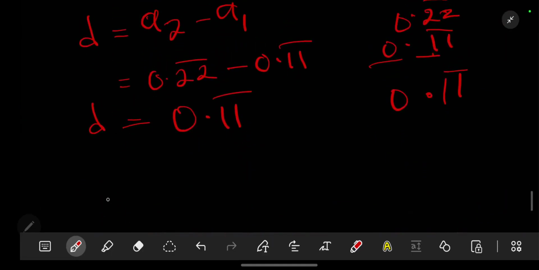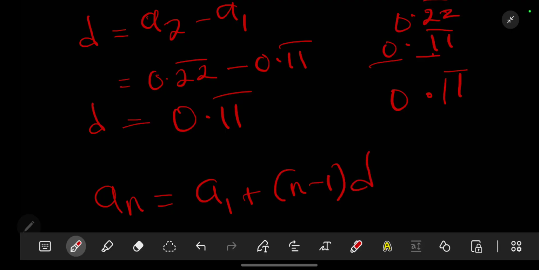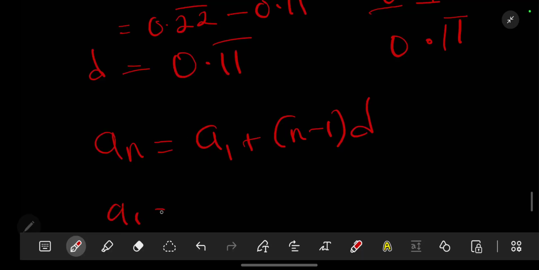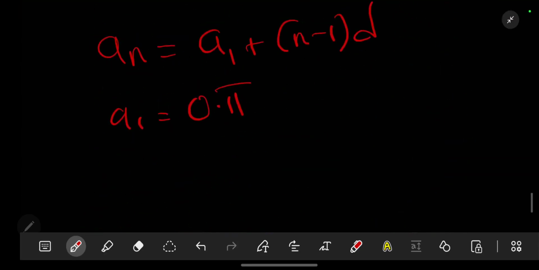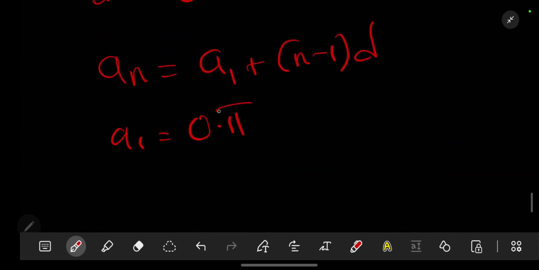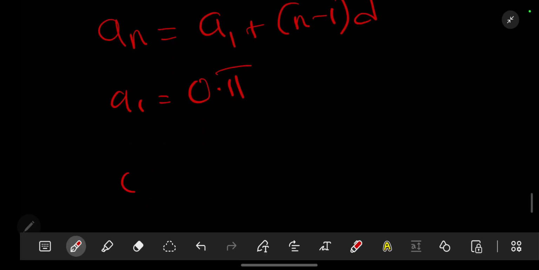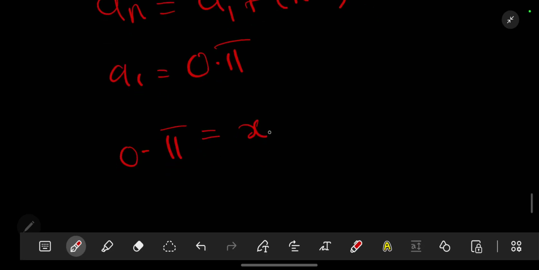So knowing that we have an should be equal to a1 plus n minus 1 d, let's just convert the common difference in advance and the a1. So our a1, which is equal to 0.11 bar, is still the same as the common difference, so we just need to convert this one. Let 0.11 bar be equal to x. That means we are going to multiply the 0.11 bar by 10.